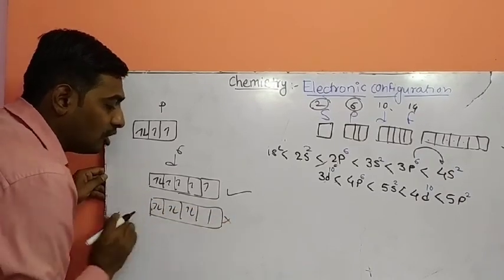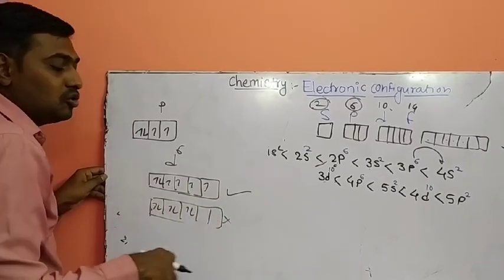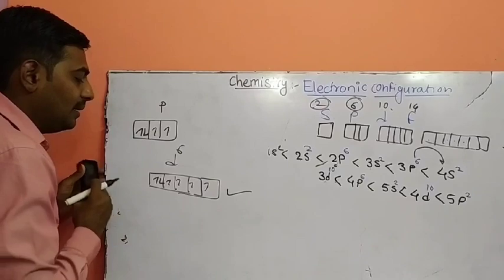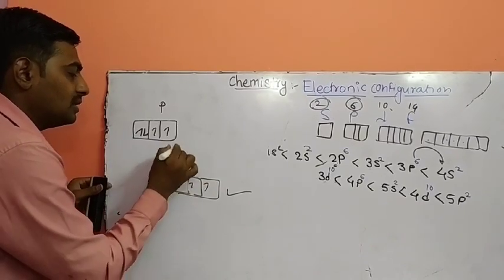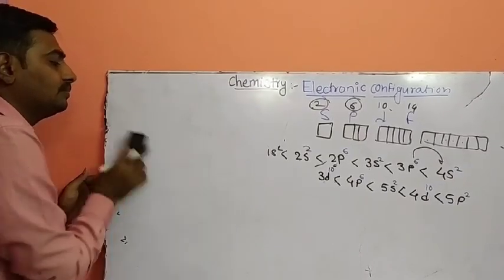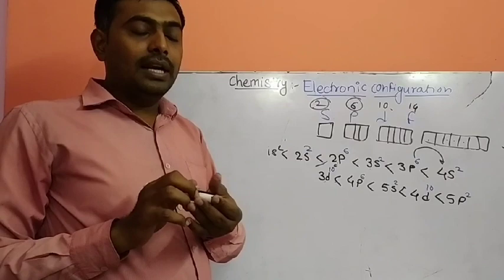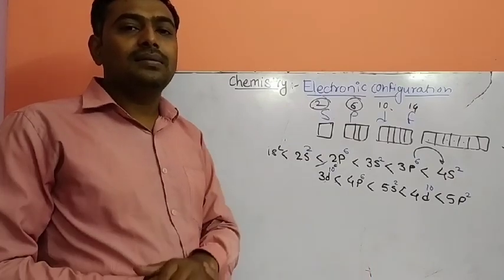It is incorrect because all orbitals are not half filled. When all orbitals are half filled, then we have to start pairing. D7 will be like this. The same applies to the f orbital. In this way, we have studied the electronic configuration of elements. Thank you.